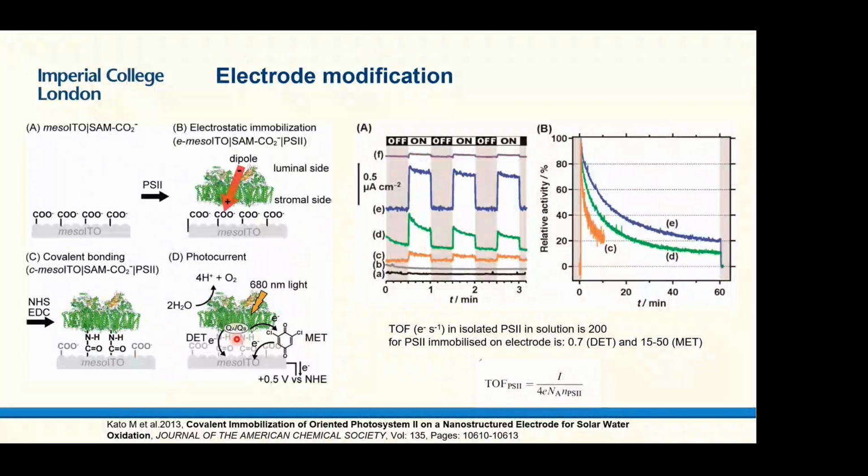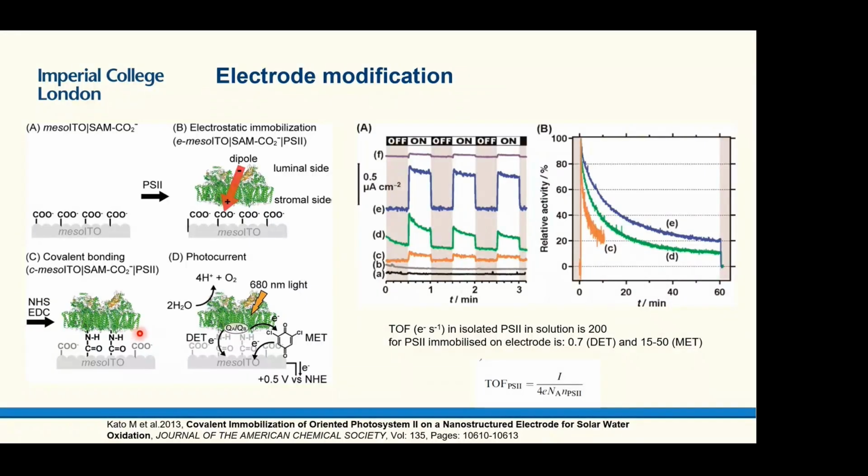And in this case, they see an improvement in the photocurrent measured depending on the system used. So first orientation, then covalently bound, even further improvement. And also what they see is that they increase the longevity of the system in terms of current measured as a function of time. But you can see it's still only 1 hour. But they increase the stability of the system by covalently binding the protein on the electrode surface.